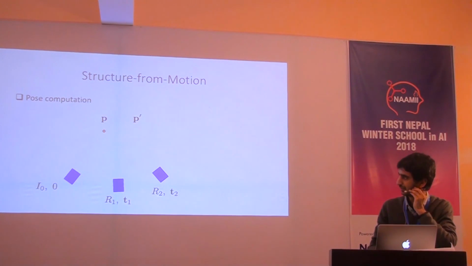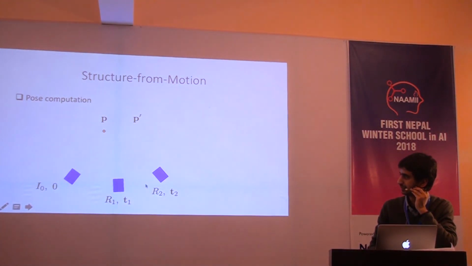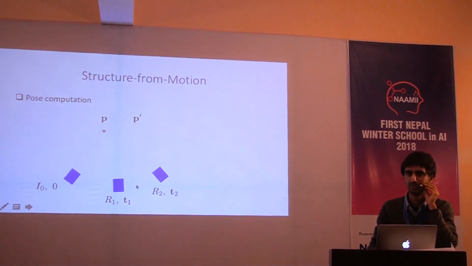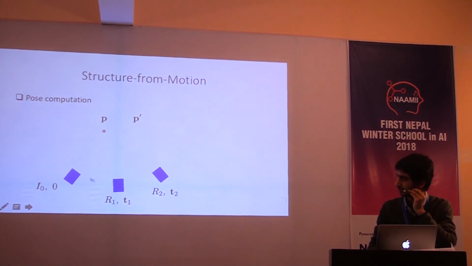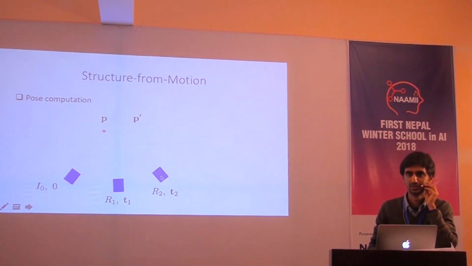So this is a bit tricky, right? Because you cannot compute the scale just by matching. So what you can do is also match the first image to the third image.